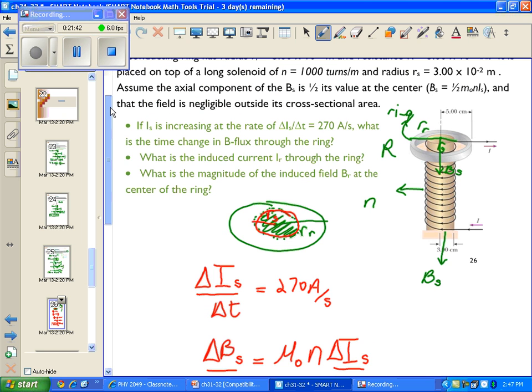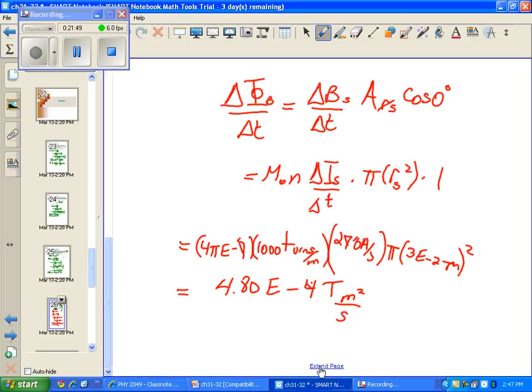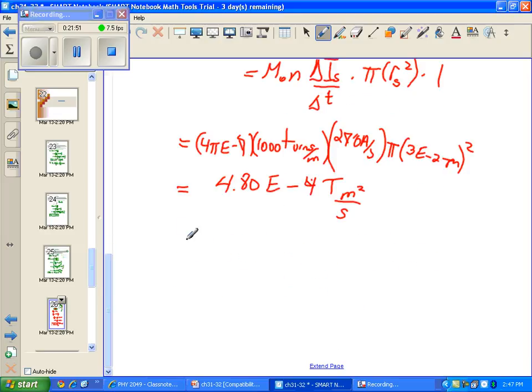Well, the next part says, what is the induced current through the ring? Okay, well, because we have an induced EMF, and what is that induced EMF, by the way? Well, it's going to be the negative N times the change in the magnetic flux with respect to time.